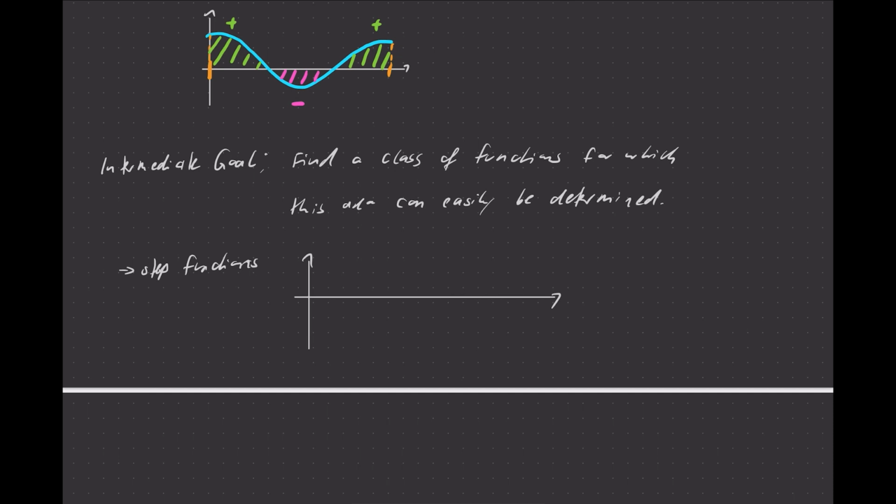So basically what we have is a function that looks like this, for example, here, constant value in that interval, then maybe a different constant value on this interval, another constant value on that interval, and of course the length of the intervals may be different. And then we have another constant here.